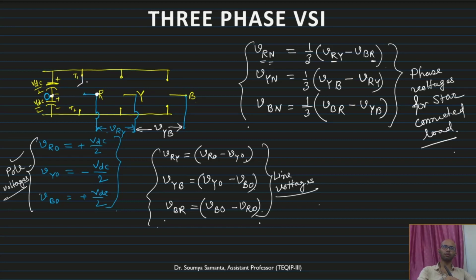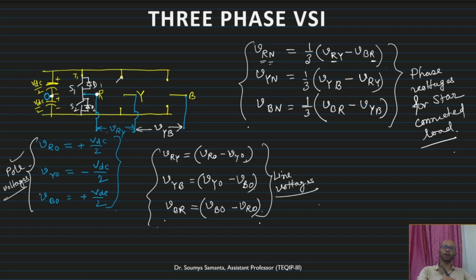Suppose this will be the switch, and along with this there will be an anti-parallel diode. This will be S1, this will be D1, this will be D2, this will be S2.